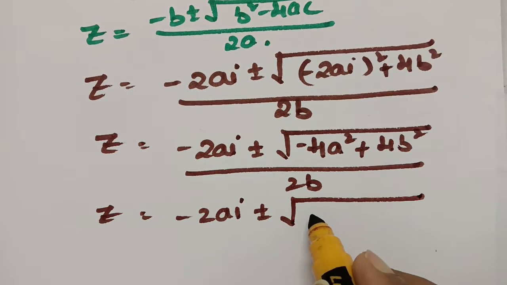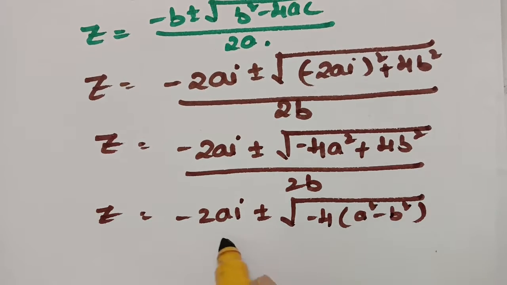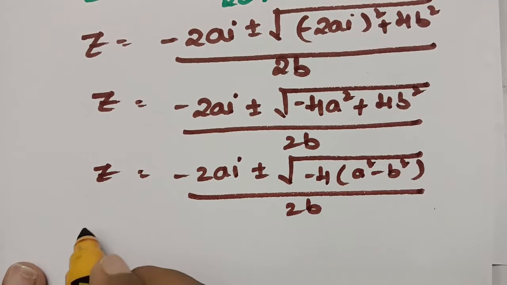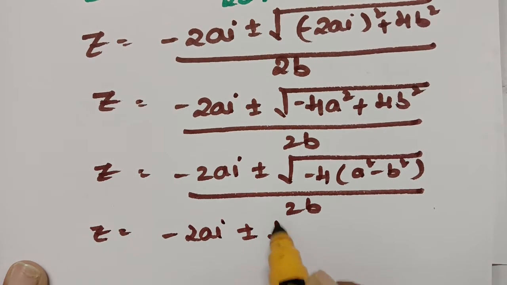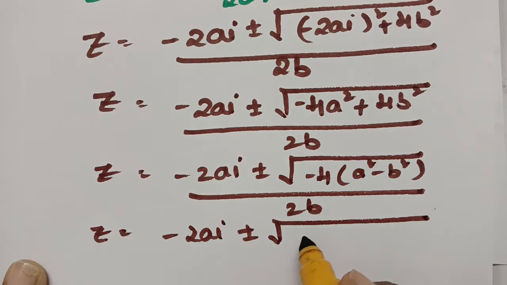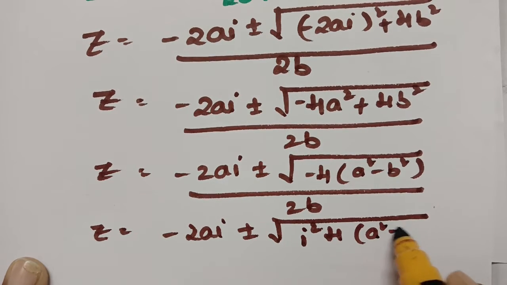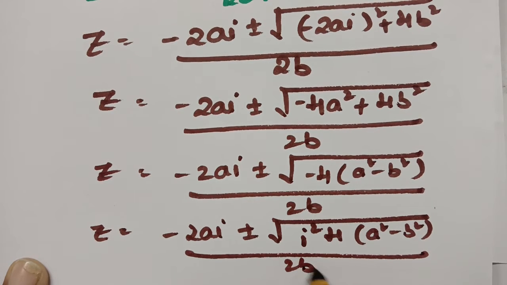If I take −4 common, this will be a² − b² by 2b. So z is equal to −2ai ± , in place of the minus I am writing i², 4(a² − b²) by 2b.